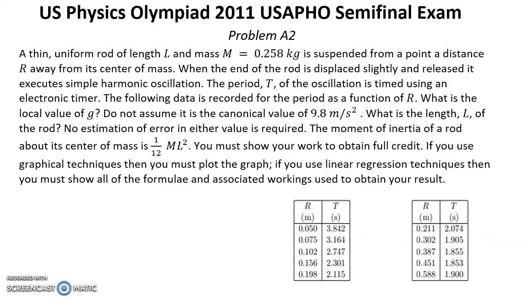If you use graphical techniques, then you must plot the graph. If you use linear regression techniques, then you must show all of the formulas and the associated working used to obtain your results. These are experimental data here. Solution.